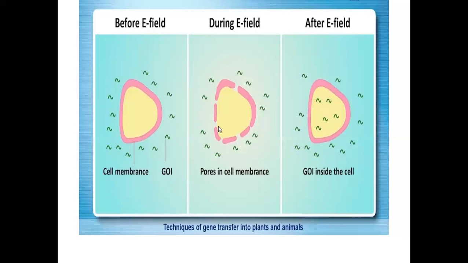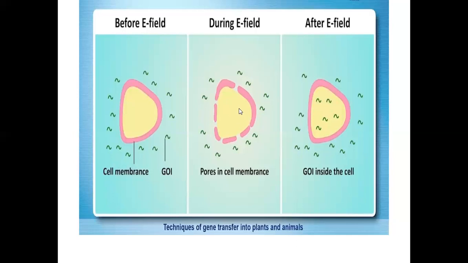When we supply power to the electrodes, pore-like structures appear in the plasma membrane of the target plant cells. With the help of the pores, the target DNAs or gene of interest easily enter into the target plant cells.